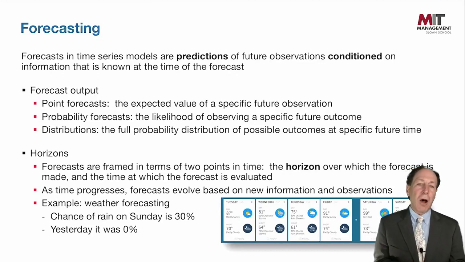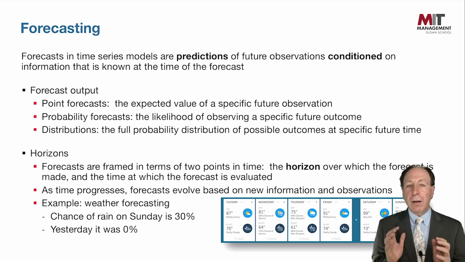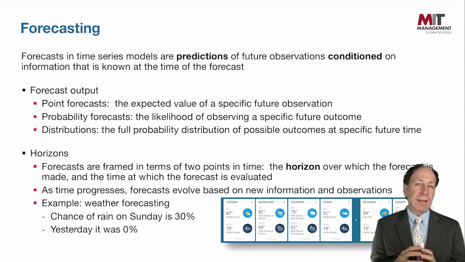Forecasts with time series models are predictions about future observations, future realizations of our random variables that are conditioned on information that's known at the time of the forecast. Now, what is a forecast? Well, the output could be one of a number of different things. It could be a point forecast, for example, the price of Tesla stock in 30 days, a specific number.